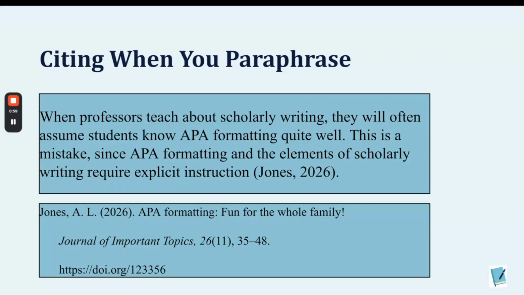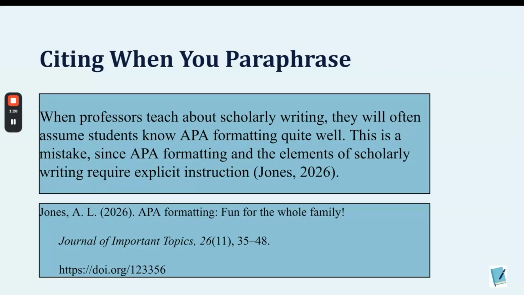What you see at the bottom of the screen here is what would go in your reference section. If this were a real journal article, then you would have the last name, comma, first and second initial. You'd have the year of publication, the journal article title in what we call sentence case, not title case. That'll be another video. APA has a whole section on that.